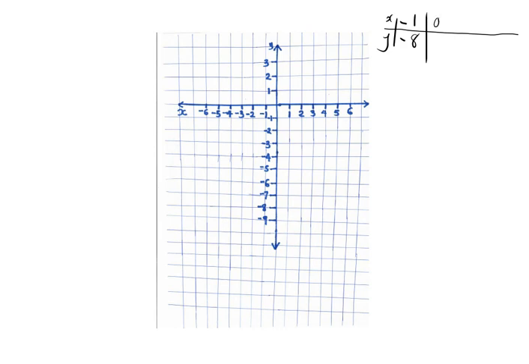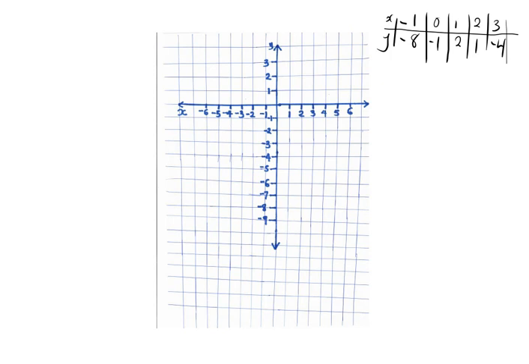Then x is 0 when y is negative 1, x 1 and y equals 2. We have x 2 and y 1. Lastly, x 3, y being negative 4. We plot these points on a Cartesian plane so that we can have a graph.